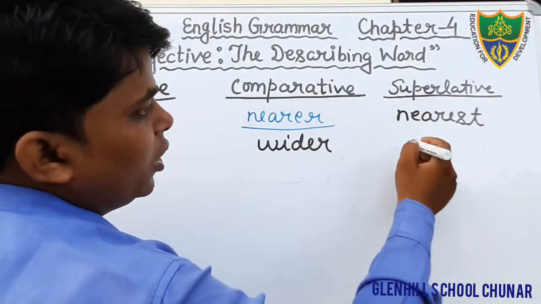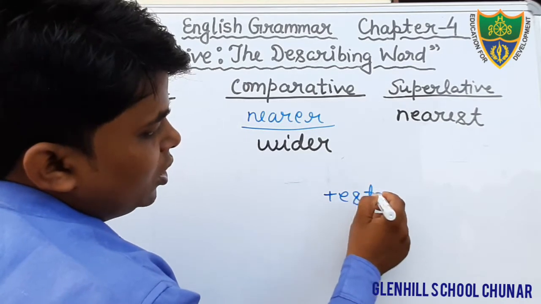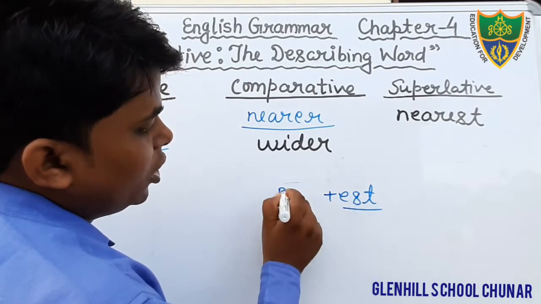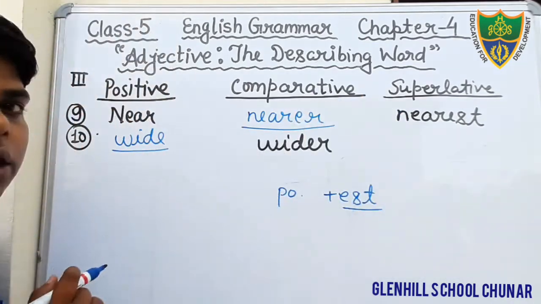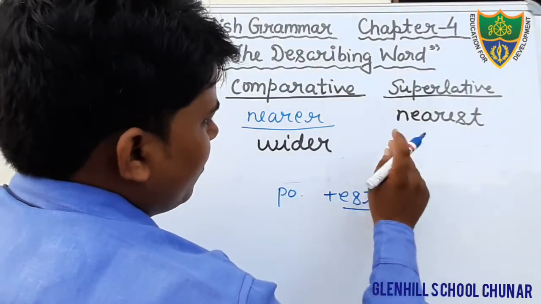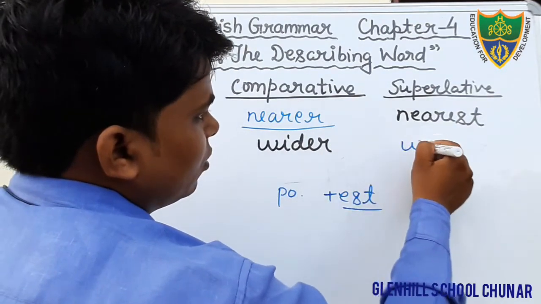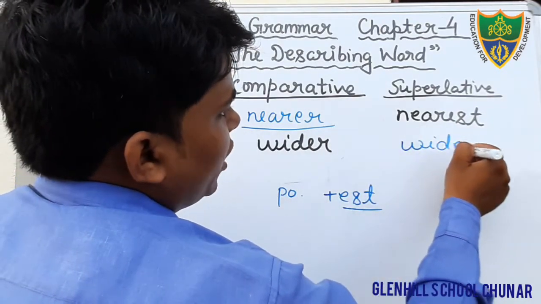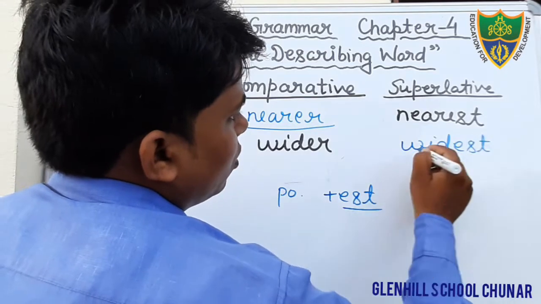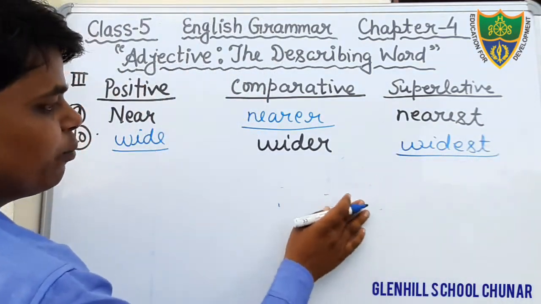And in superlative, I have told you that we add EST to the positive degree to make the superlative degree. So what would be the correct word? Widest. Okay, widest. We will add it here. So students, just match it.